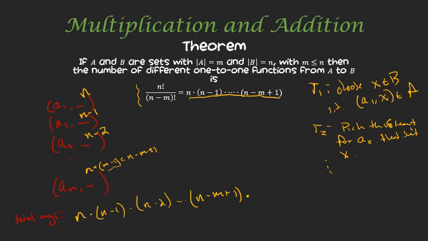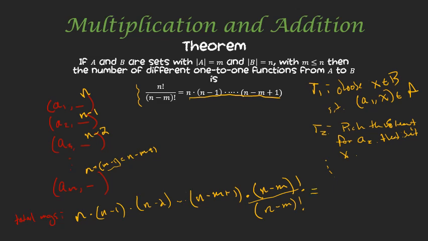What I'll do is multiply top and bottom by, how about n minus m factorial? I'll multiply on the top by n minus m factorial and then divide by n minus m factorial, so I haven't changed anything.